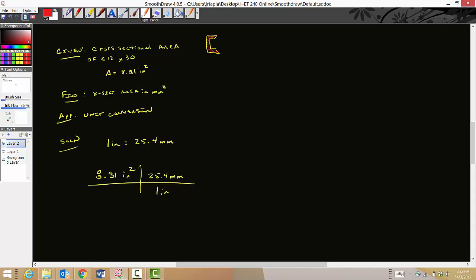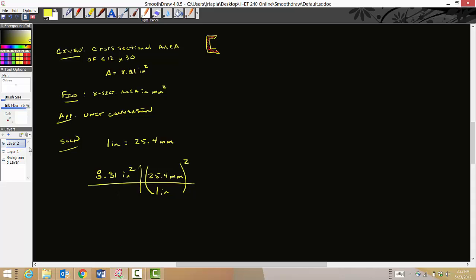That way I know that my inches are going to cancel at some point. But if you look at this, inches squared and inches aren't going to cancel. So what do I need to do here in order for my inches to cancel? And what am I actually looking for? I'm actually looking for an area, so I'm going to need this in millimeters squared. So I can just square both the numerator and the denominator to get my solution.